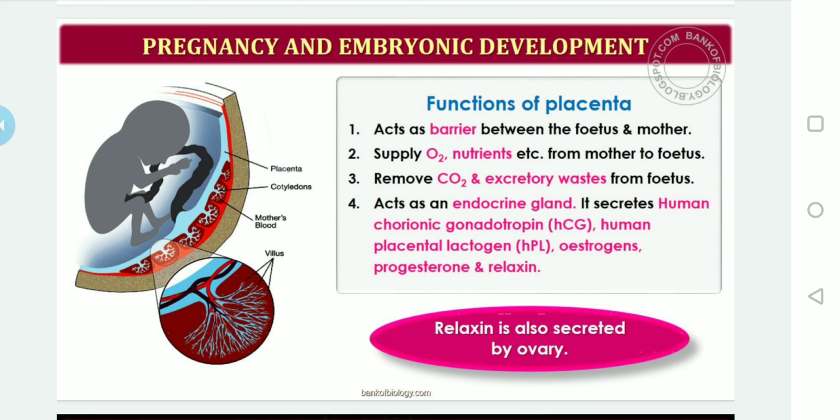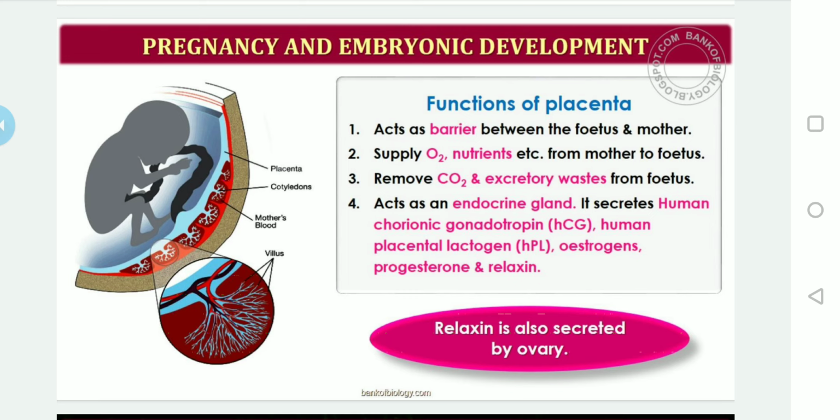We can also write the short form, because sometimes it will be asked for 2 marks or 3 marks. If you write as given in the slide, you will get the complete marks. The placenta acts as a barrier between the growing fetus and mother, supplies oxygen, nutrients, etc. from mother to the fetus, and removes carbon dioxide and excretory waste from the fetus.